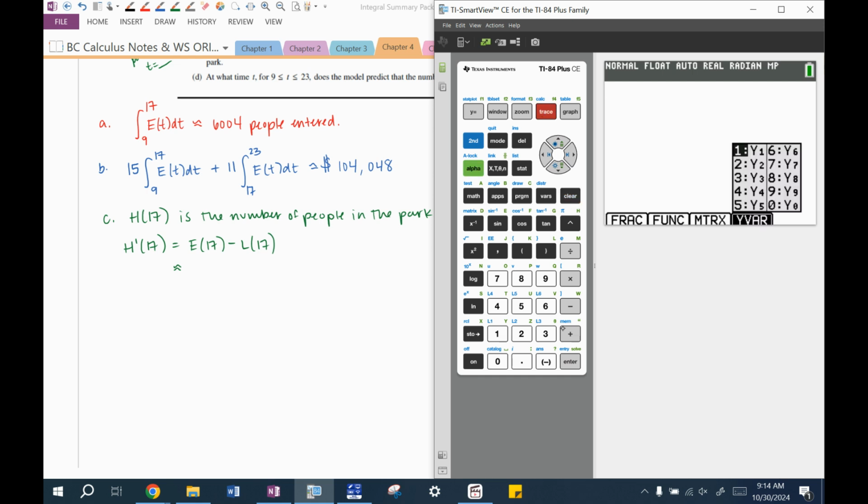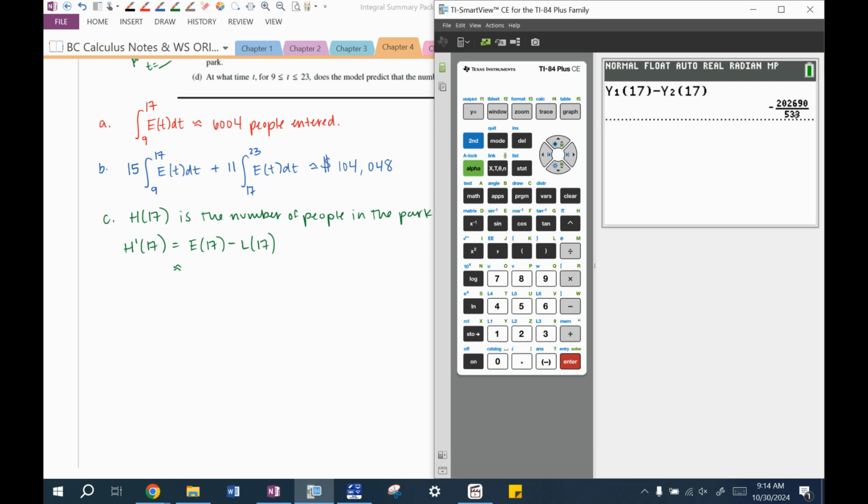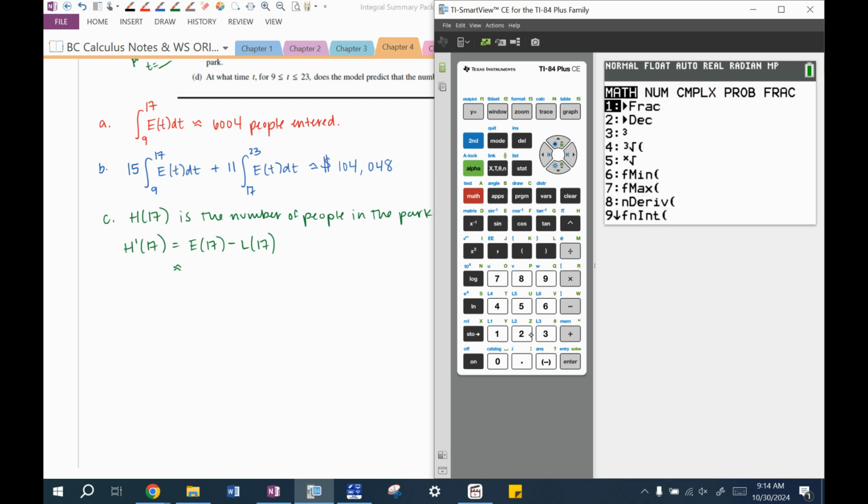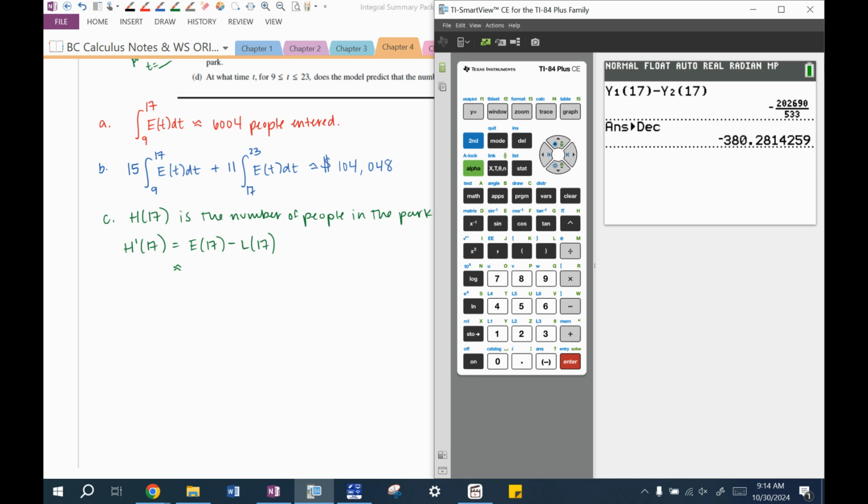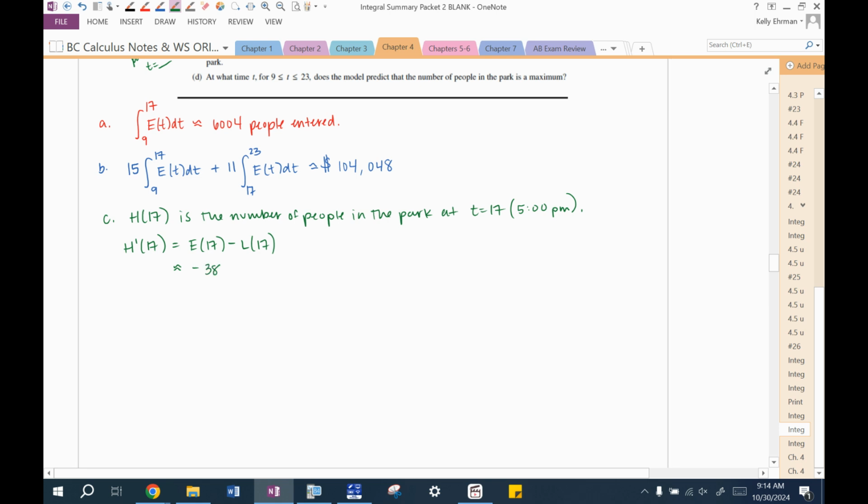So y1 of 17 minus y2 of 17. And I don't want it to be a fraction, so let me say math decimal. I guess that's the downside there. So that is negative 380.281, or I'll round it to the nearest whole just because.